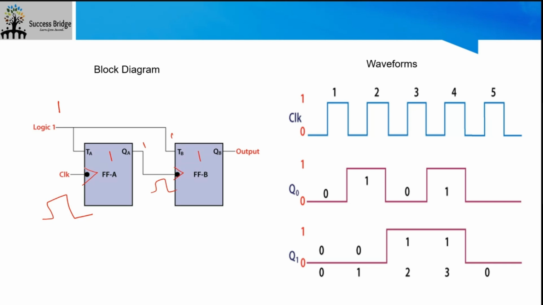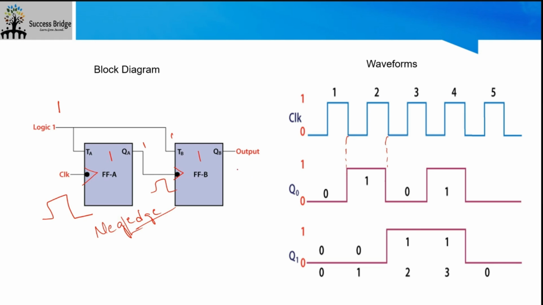This is a neg edge, the negative edge of the clock. So the one value is loaded here and is active until the second, a complete one clock pulse from here to here.